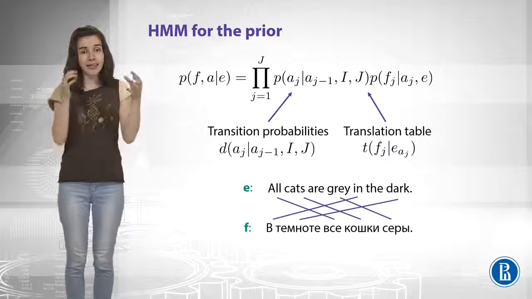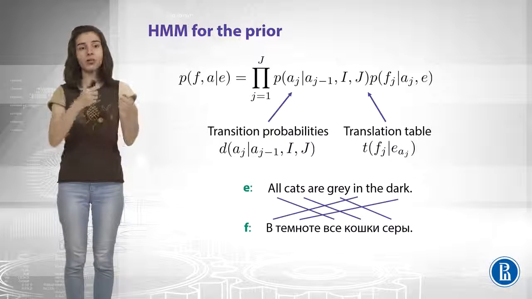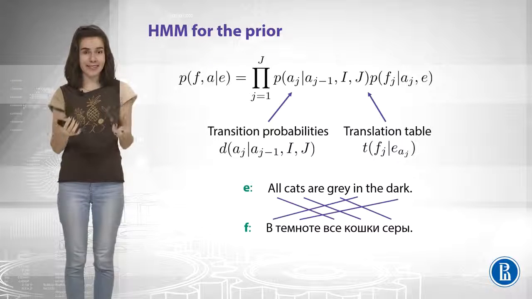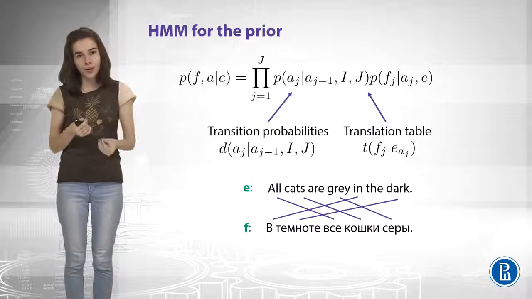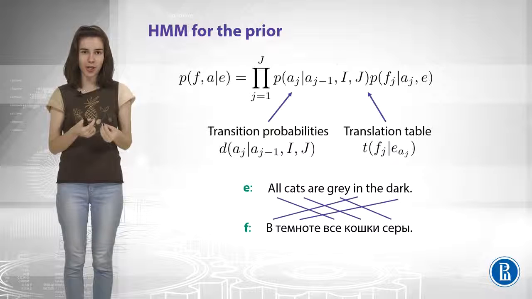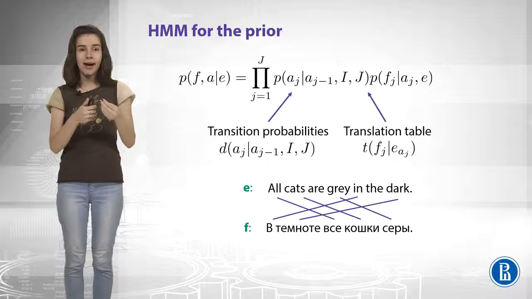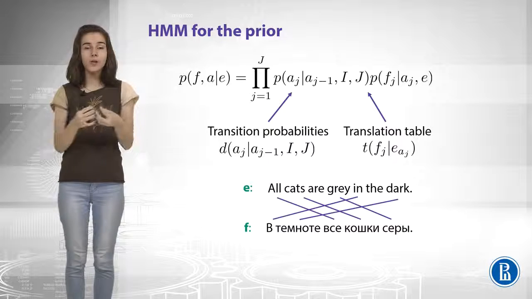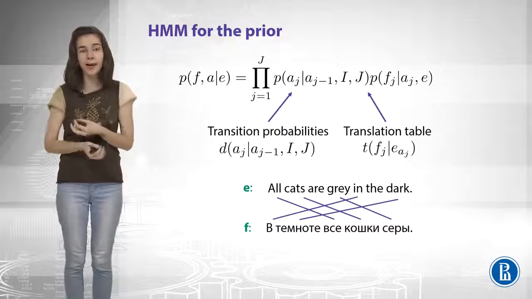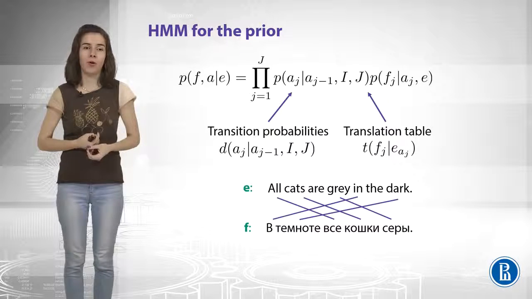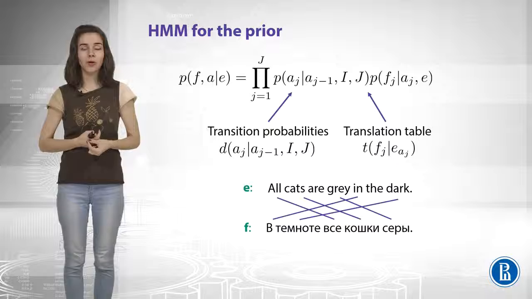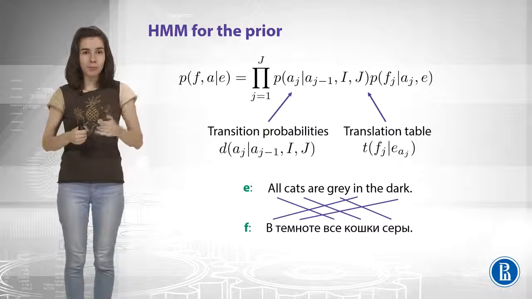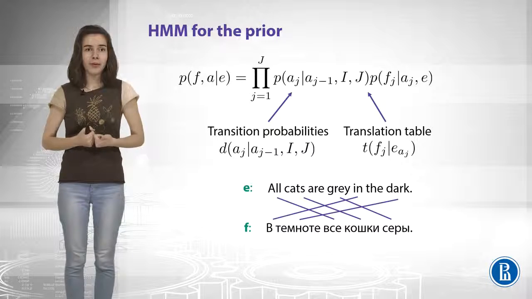But sometimes inside this phrase you just go word by word, so you do not have any gaps. And this is nice. It means that you need to learn this and to use this information, that the previous word was aligned to position 5, and maybe that means that the next word should be aligned to position 6, okay? So this is what hidden Markov model can do for you. So you model the probability of the next alignment given the previous alignment, okay?